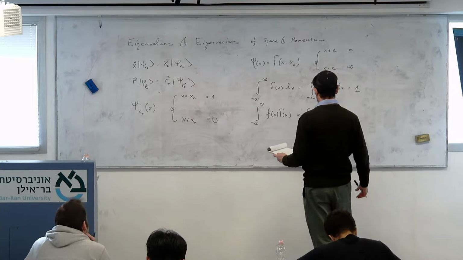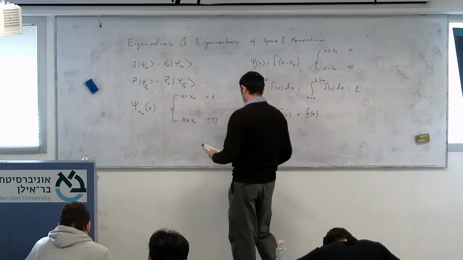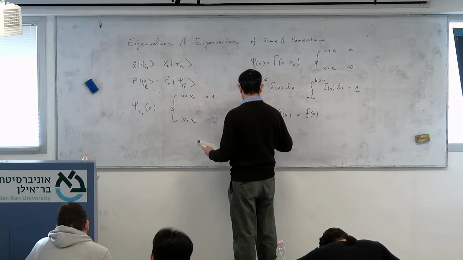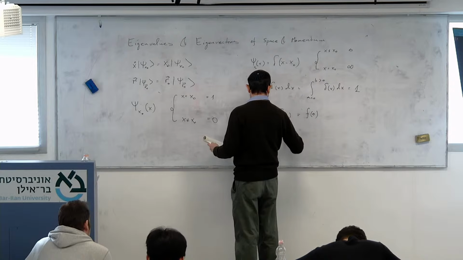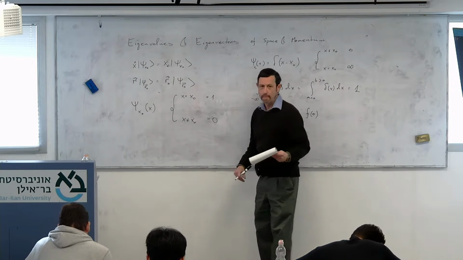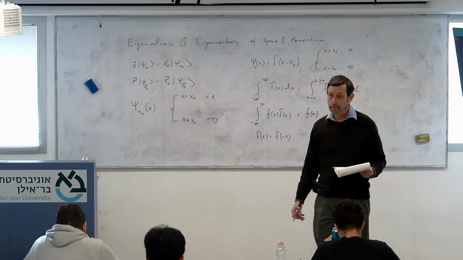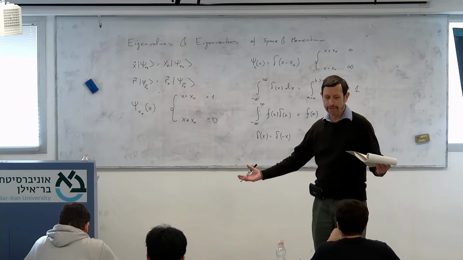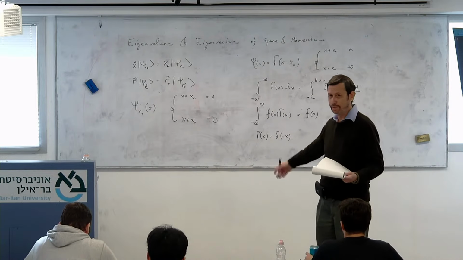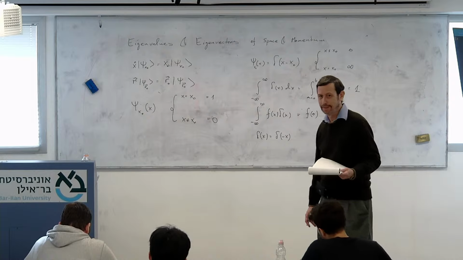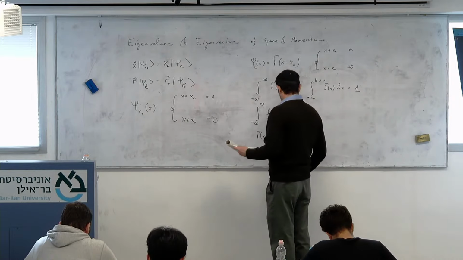Okay. Some properties of the delta function. Zero everywhere except for 0.